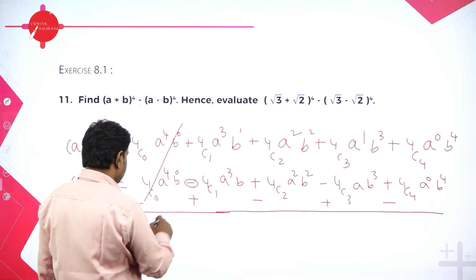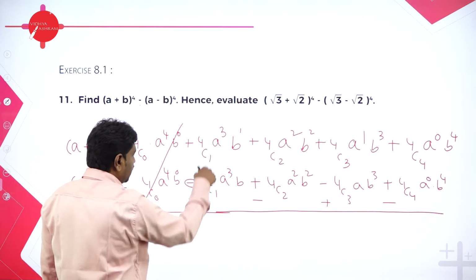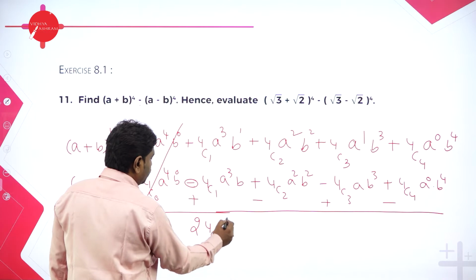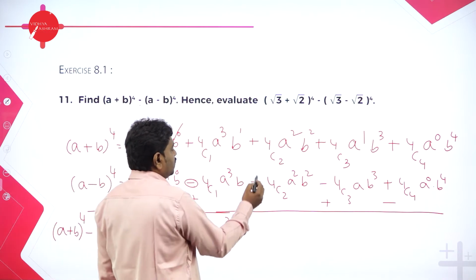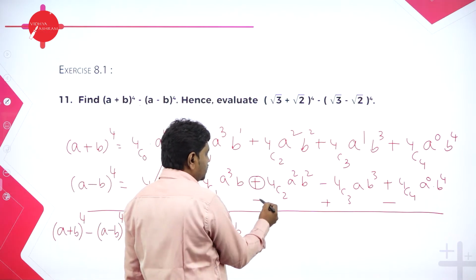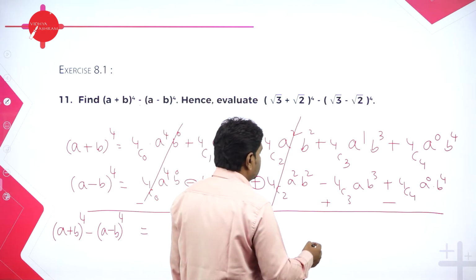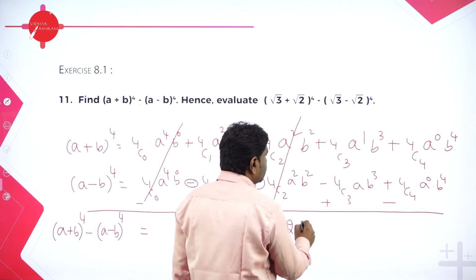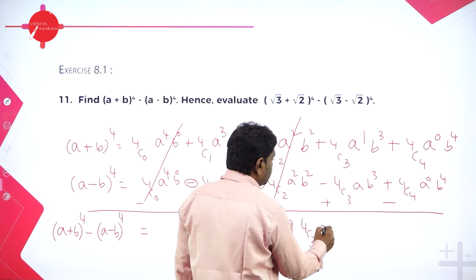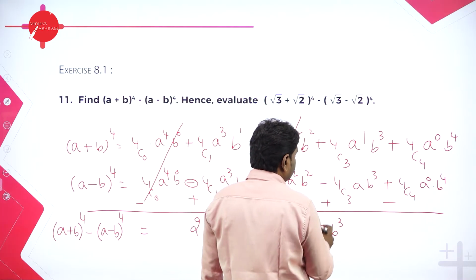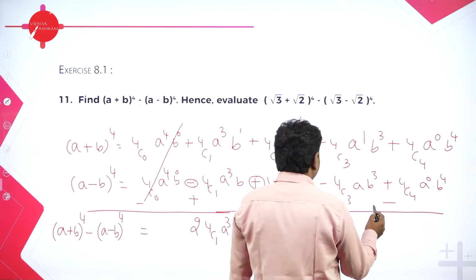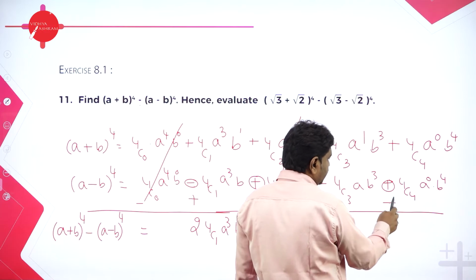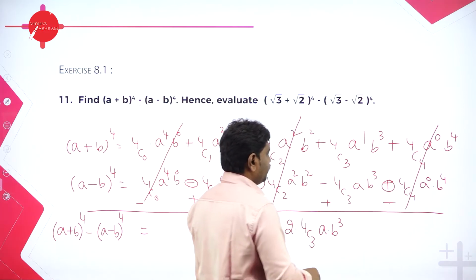So this can be written as, I can add and write 2 times 4c1 a cube b. Then after you change this sign, this is positive, this is negative, cancels, and here positive gets added, 2 times 4c3 a b cube. Then after you change the sign, this is positive but this is negative, so it cancels.